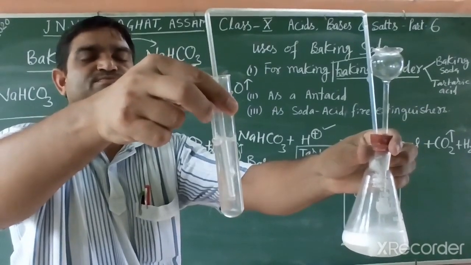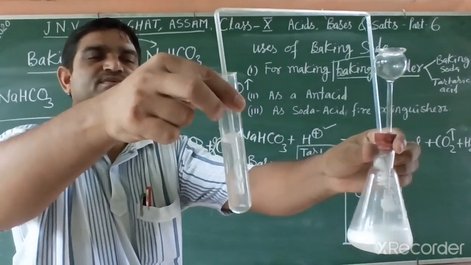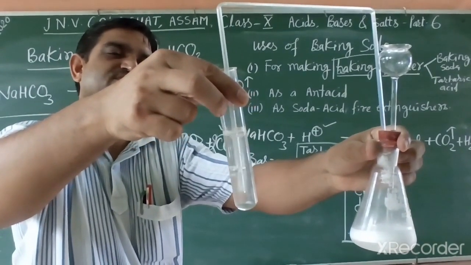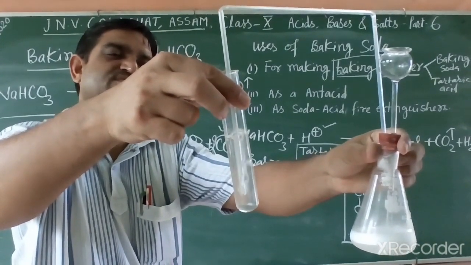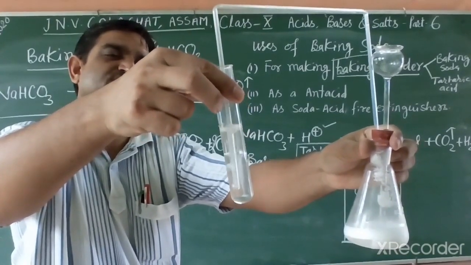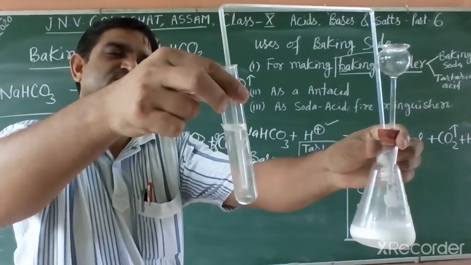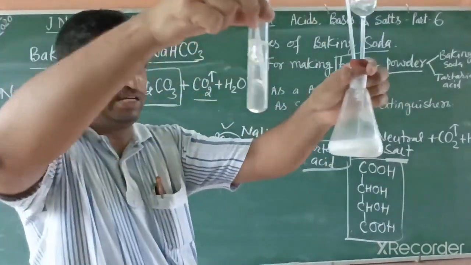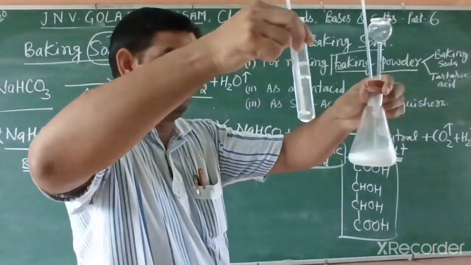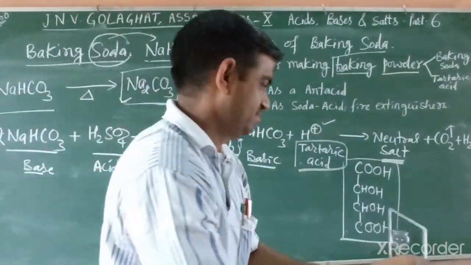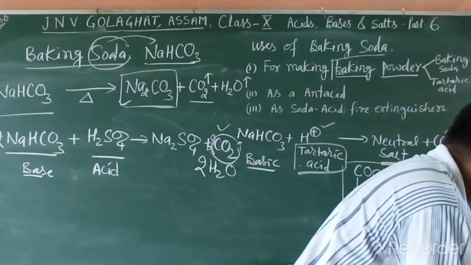This is the formation of calcium bicarbonate. This is a totally colorless solution. The milky color disappears, which confirms the released gas is carbon dioxide. We can explain this by this activity.